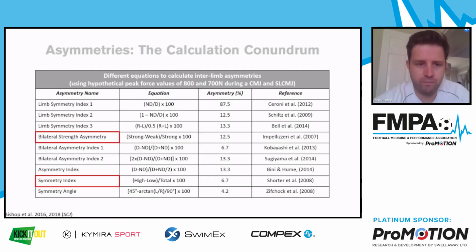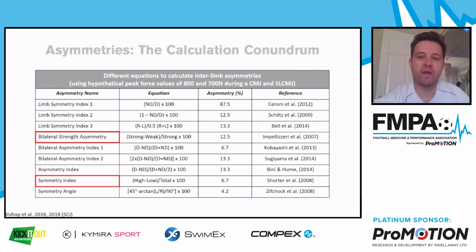However, for a unilateral test, we don't necessarily need to interpret any imbalance relative to the total output, because this time there is no ground reaction force contribution from the other leg, in which case we think that actually we should just be calculating the percentage difference the same way that we should be computing fractions in mathematics.